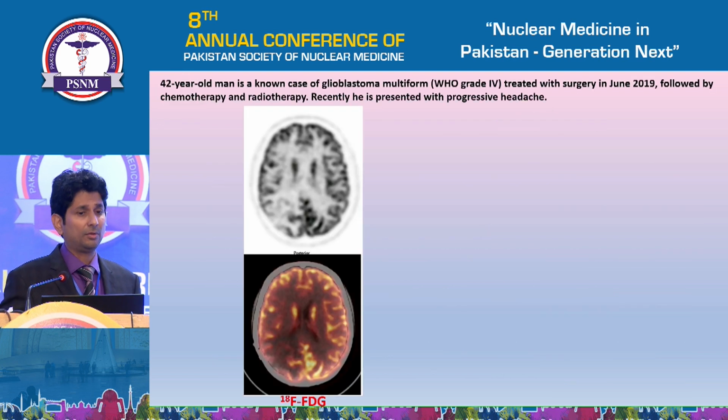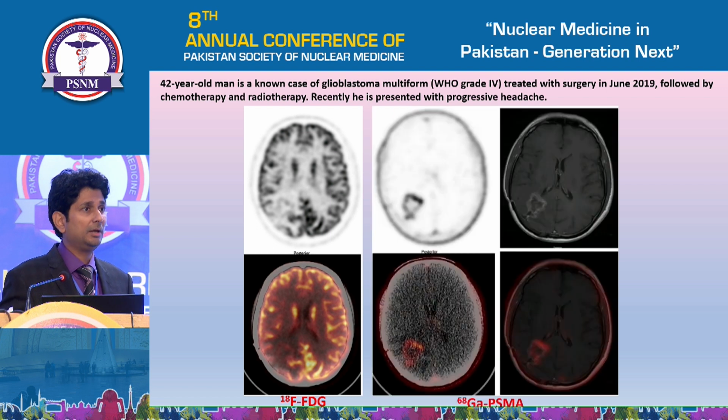This is a case of a 42-year-old female with GBM grade 4, treated with surgery, now presenting with a headache. Hardly anybody looking at the FDG might find some equivocal findings, but because of the high activity in the normal parenchyma, you can miss the glioma. And these are the PET-CT images and the fused PET-MR.